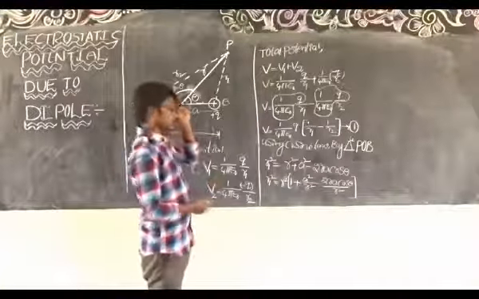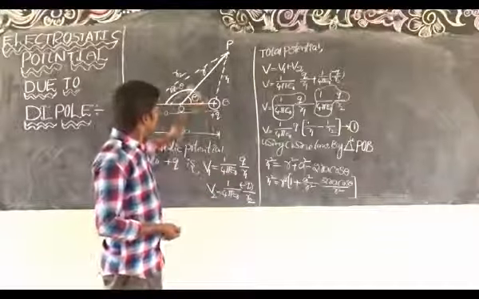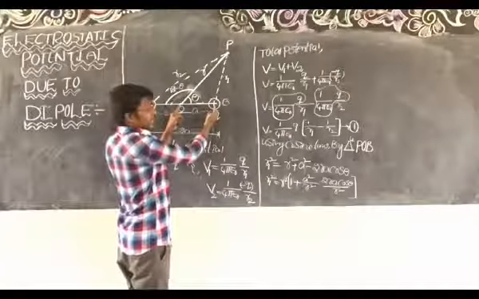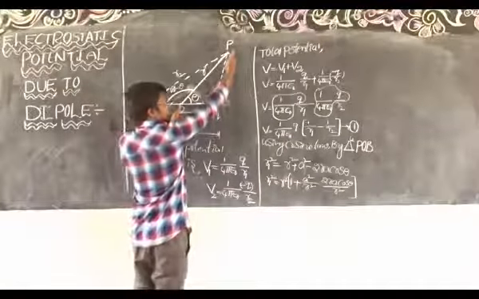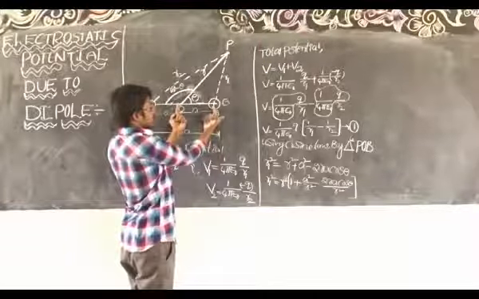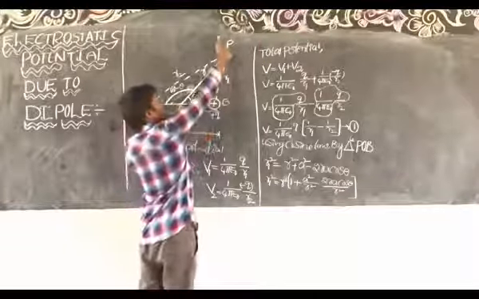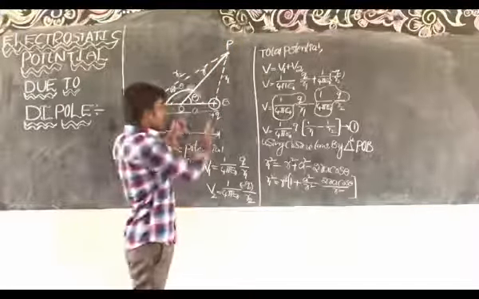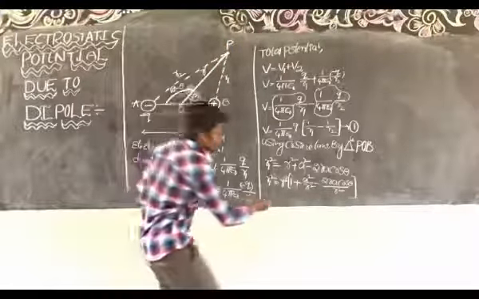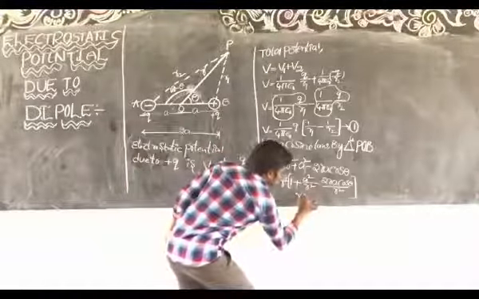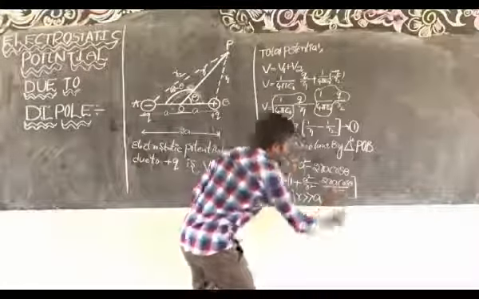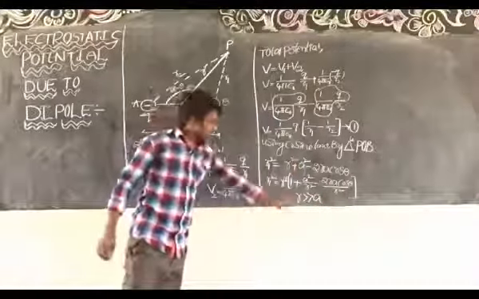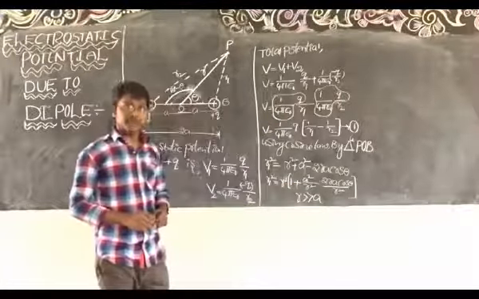From the diagram, this distance is a, and this distance is r, which is more. R is very much greater than a.